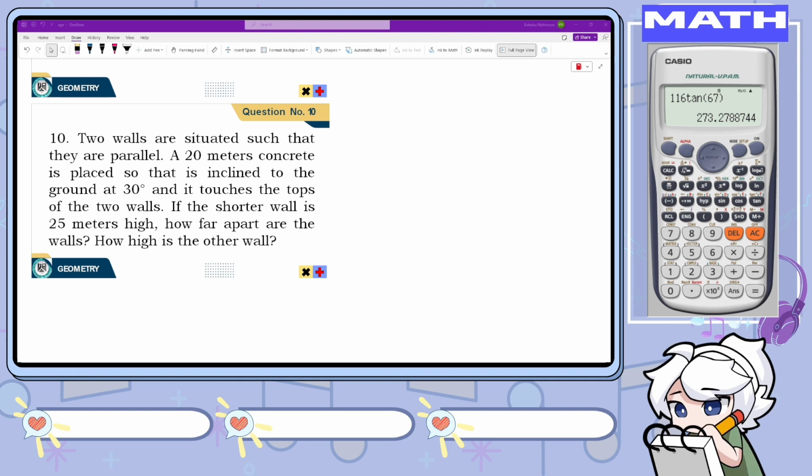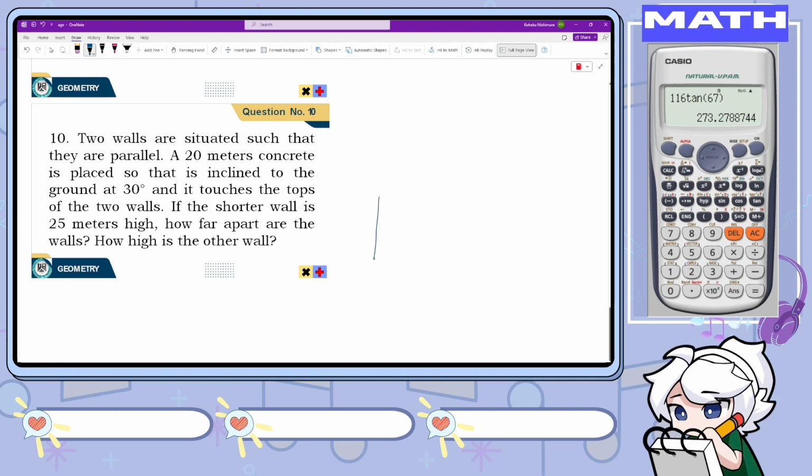Let's say we have this problem, right? We have two walls wherein they are parallel to each other, but although they are parallel, one is longer than the other. Because it says here a 20-meter concrete is placed so that it is inclined to the ground at 30 degrees, and it touches the top of the two walls.